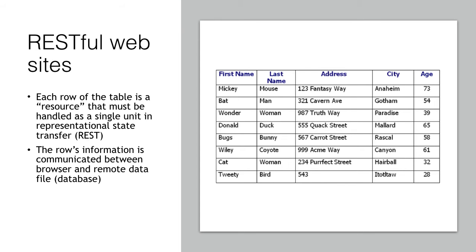If you've been doing some of the reading, you've probably run into the phrase RESTful website or RESTful architecture. If you can imagine a database as a table of records, in this case, if you look at the first line, Mickey Mouse, that is one record: Mickey Mouse, the address, and the age of that Disney character.